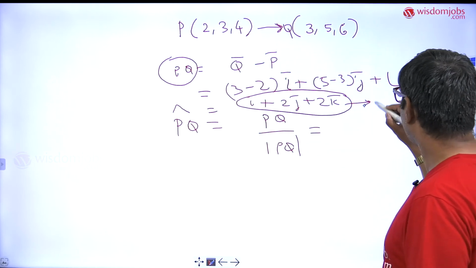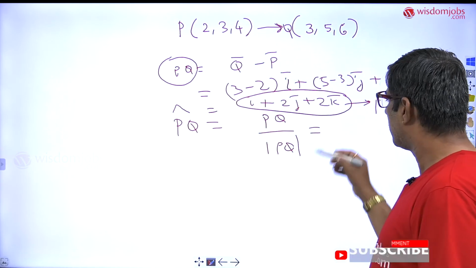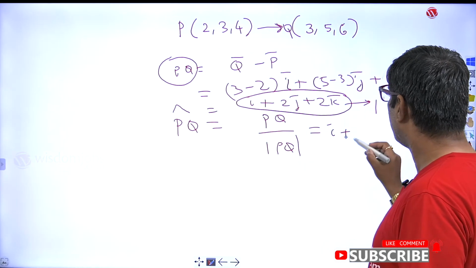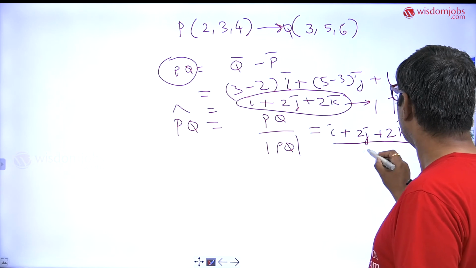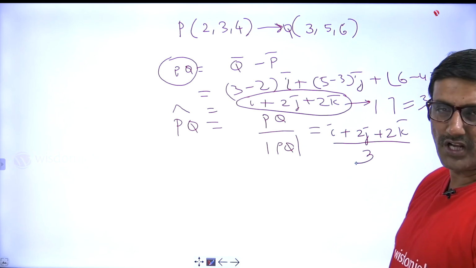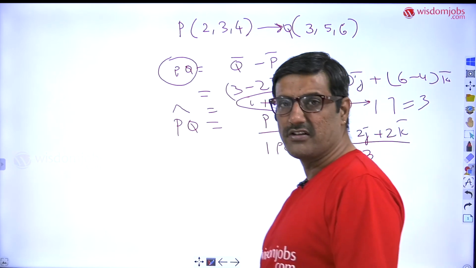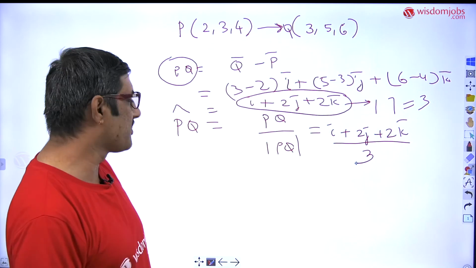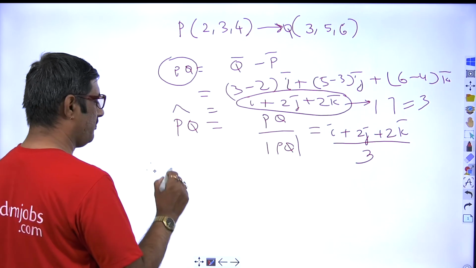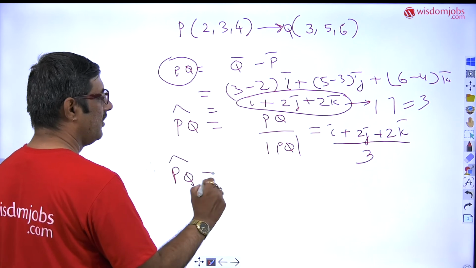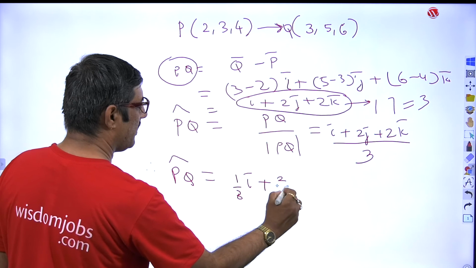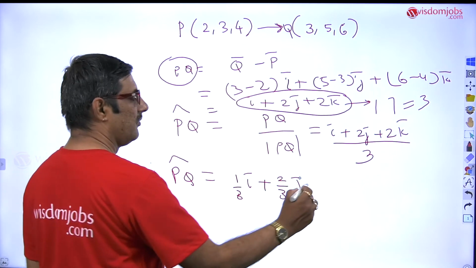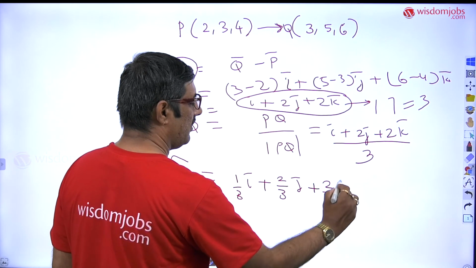So the modulus of this is 3. So (I bar plus 2j bar plus 2k bar) whole divided by 3 would be the unit vector along PQ. If I further simplify this, PQ cap would give you 1 by 3 into I bar plus 2 by 3 into j bar plus 2 by 3 into k bar.